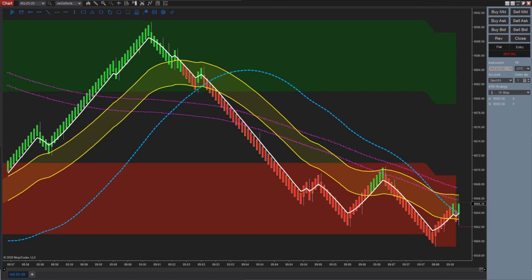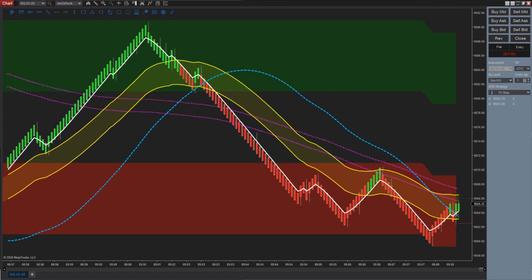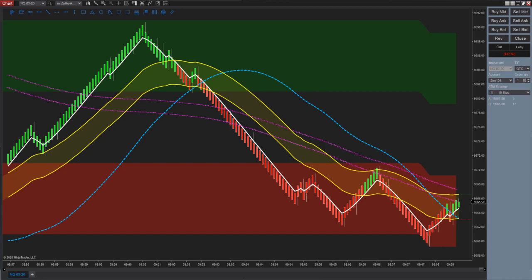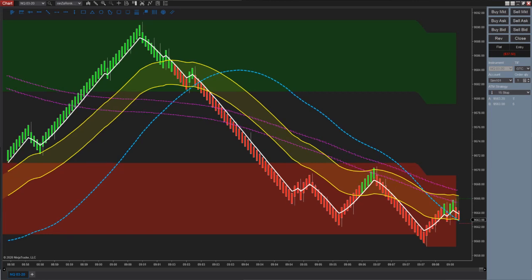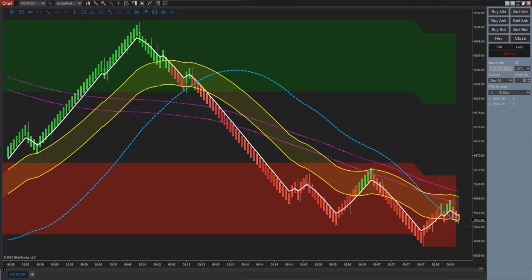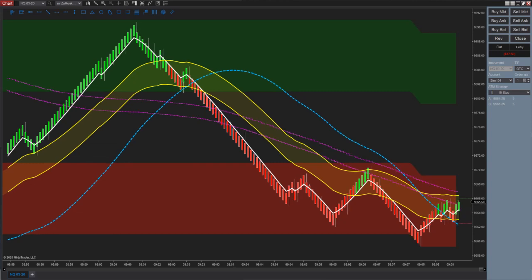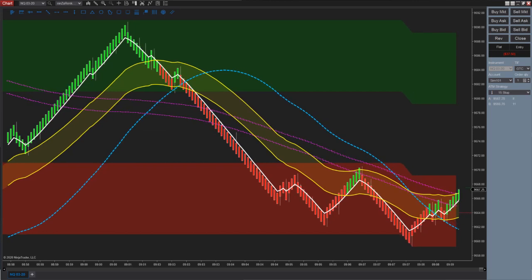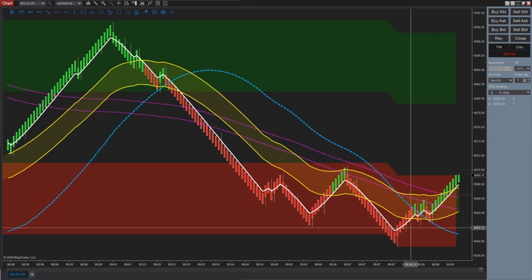No trade over here. As you can see, we're developing a lot of green here.